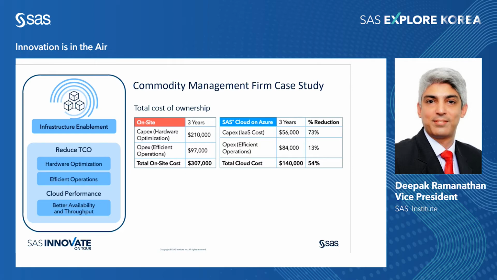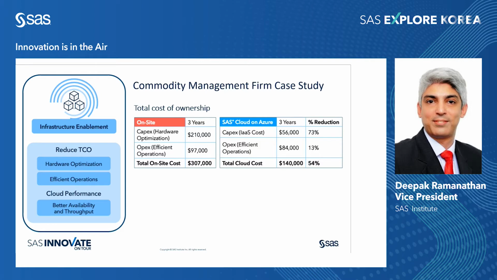In this case, moving to Microsoft Azure, their current 3-year infrastructure costs were just around $307,000. And as they assess the cost in the cloud, these costs were reduced to $140,000, which amounts to a 54% reduction over a 3-year period.